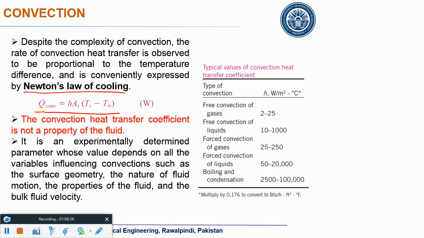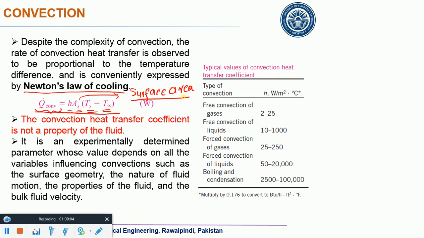Now in convection, Q dot convection is equal to h A_s (T_s minus T infinity). Now remember, this is the surface area. And this is the surface area of what? This is the surface area which is the interacting area for the solid and the liquid.